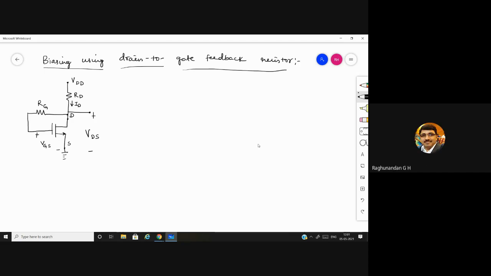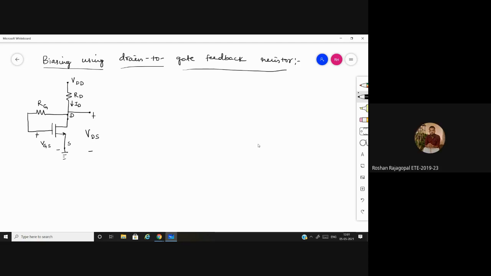The only difference between enhancement and depletion is that in depletion, the channel is already present and extra charges get added to the channel. In enhancement, the channel is physically not present. It first constructs the channel and then it conducts. Once the channel is constructed, the entire process remains the same. So that's why we have just taken an example. This is applicable for both.